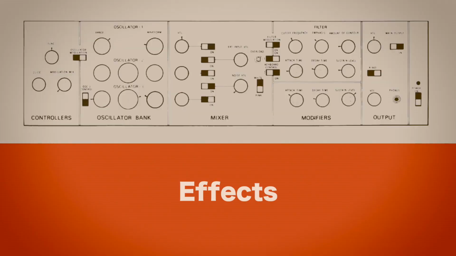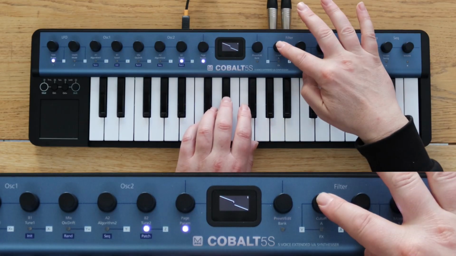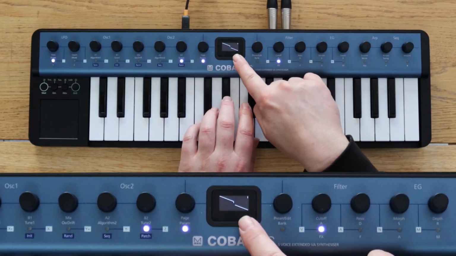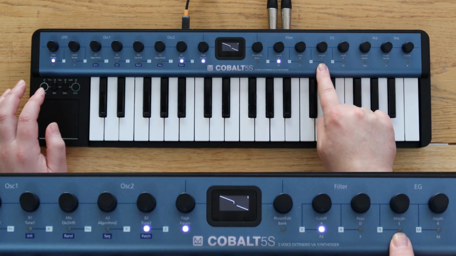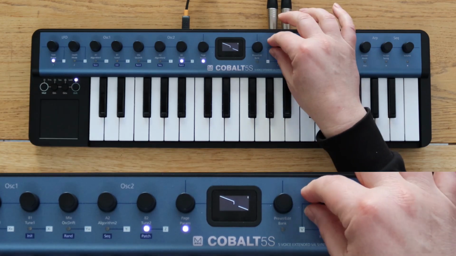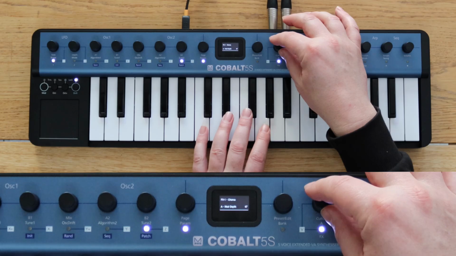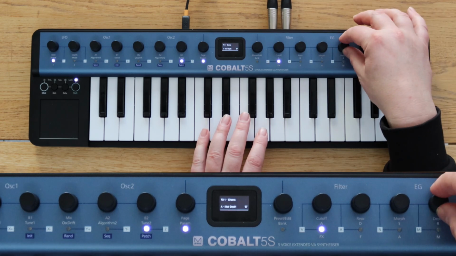Should we take a look at the effects? To access the effects, we press the cutoff button, and now we're on chorus. This isn't labeled here actually, so you have to go into shift, and now we're changing the modulation depth. Let's put some on, shall we?